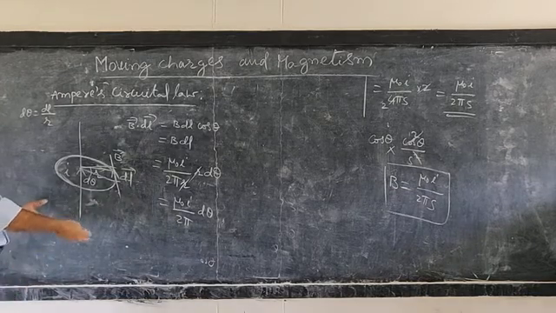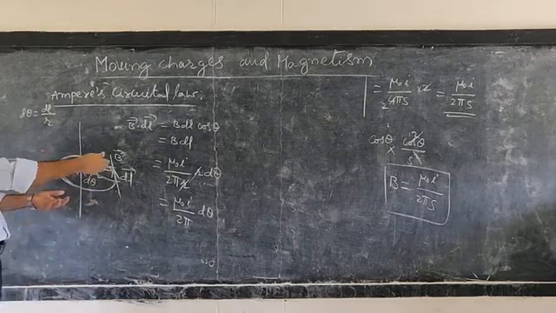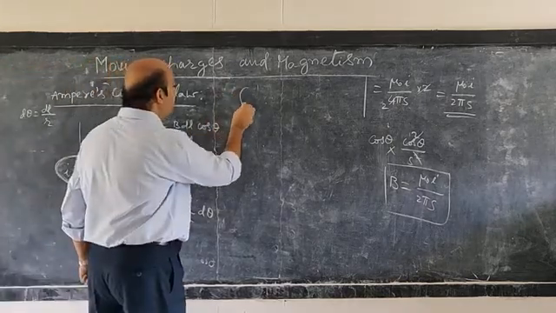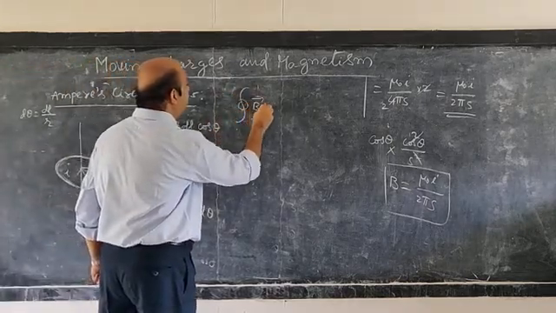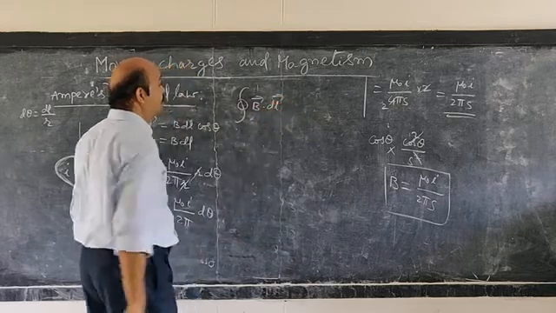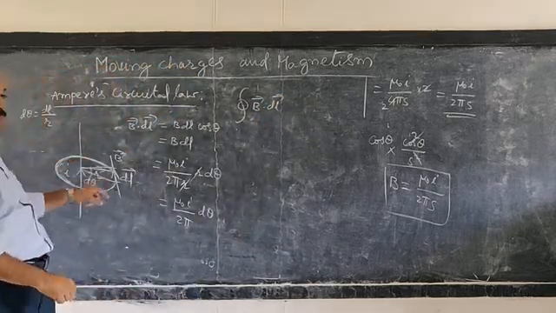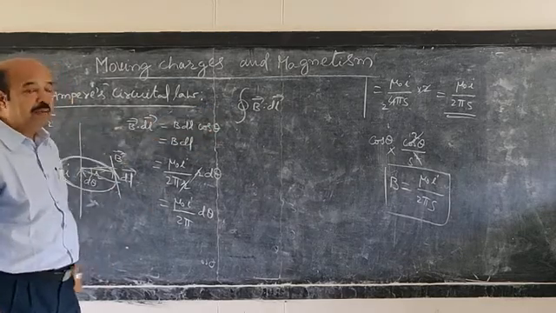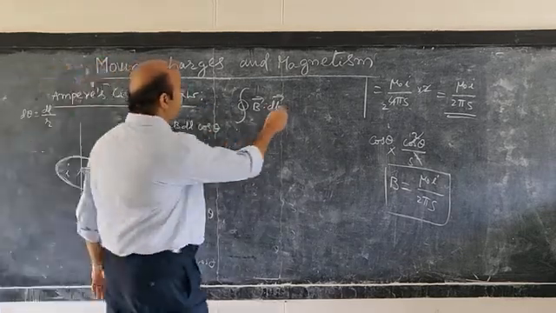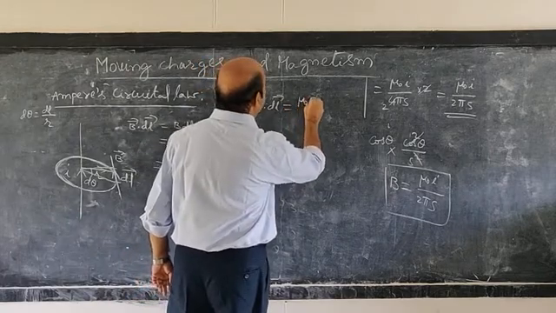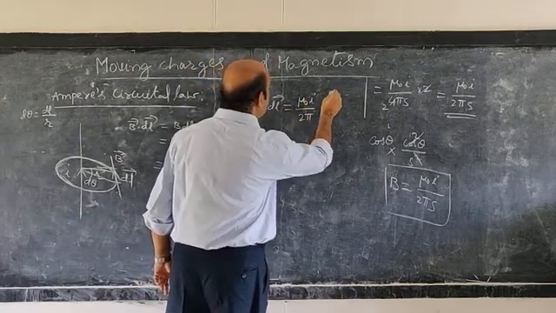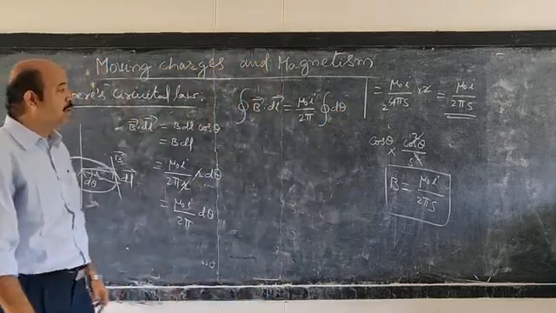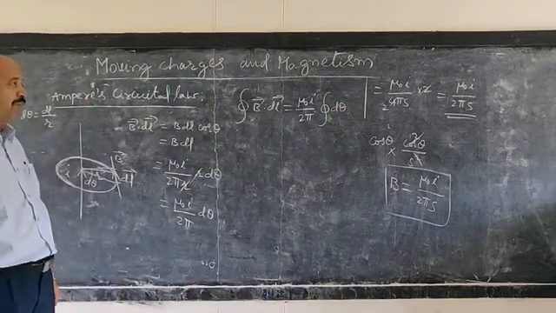Now, if you find the integral over the entire path, that means the closed path integral of B bar dot dl bar, over the entire closed path, that will be equal to mu naught I by 2 pi times the closed path integral of d theta.